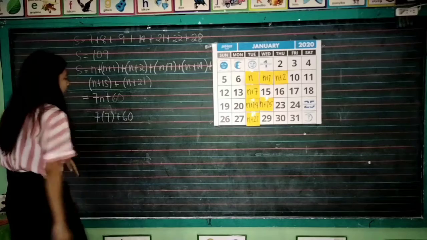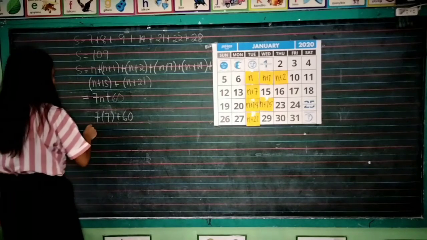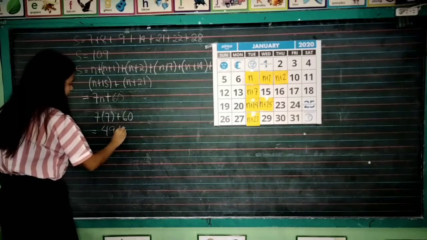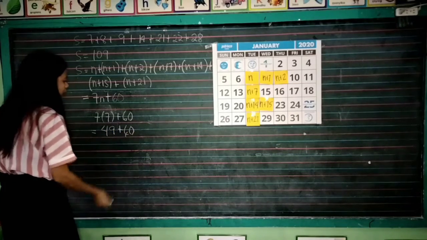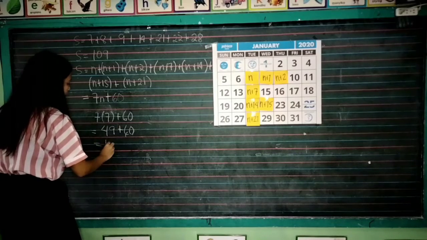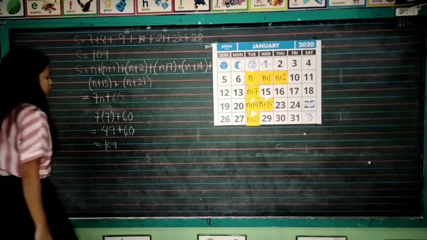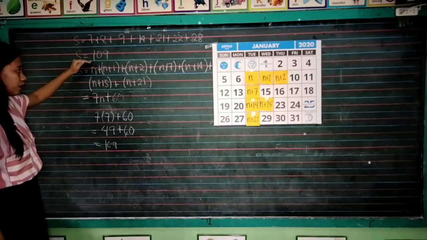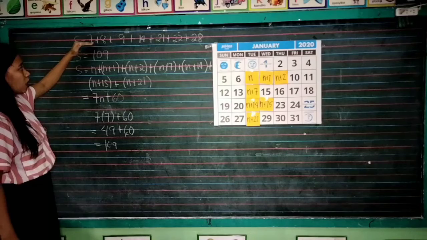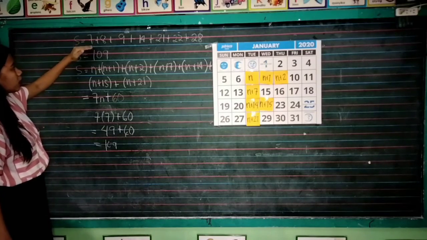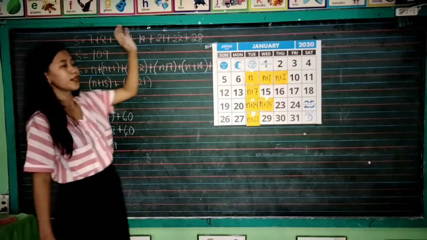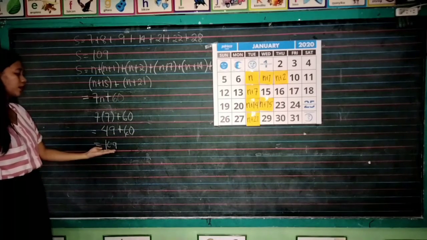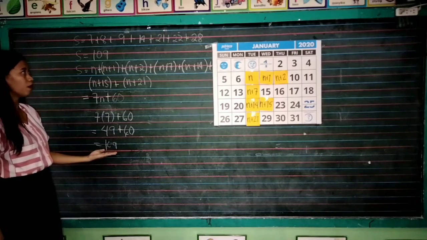So 7 times 7 is equal to 49 plus 60. 49 plus 60 we have 109. So as you can see, we get the same answer using these numbers or calculating all these numbers and using our general formula. We get the same sum of 109.